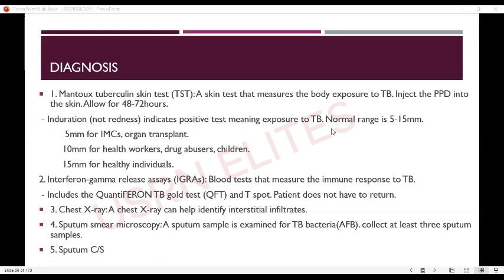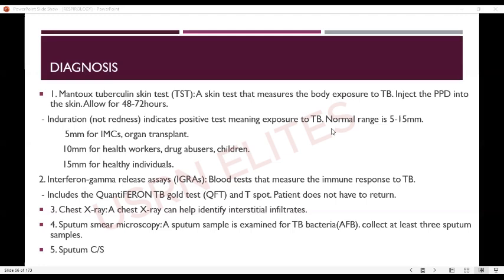That is when the PPD is given. Is it less than 5 millimeters that will tell us that is negative? Like a normal PPD when you give, what's the diameter? Is it maybe 2 millimeters that it will expand to the 5, or is it point something? That is when you get the induration.